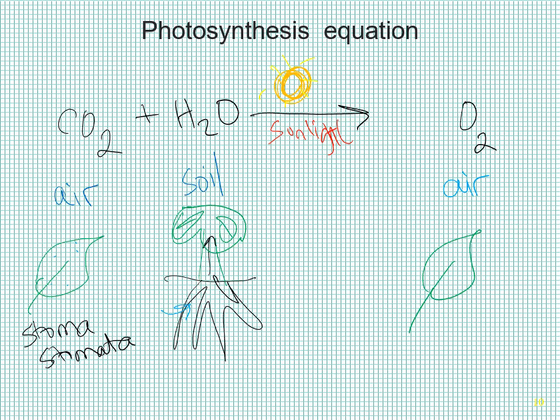We're going to make sugar in the light independent reactions. So remember, the sugar is the glucose, it's C6H12O6. So we're going to produce some glucose there.